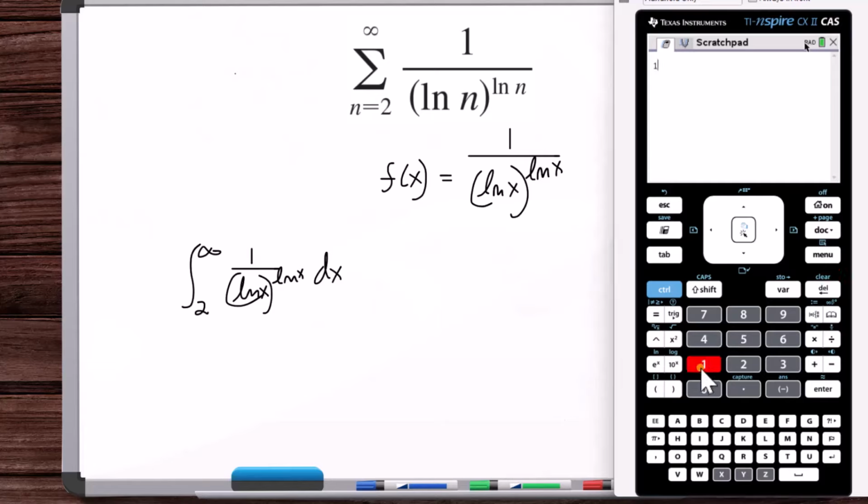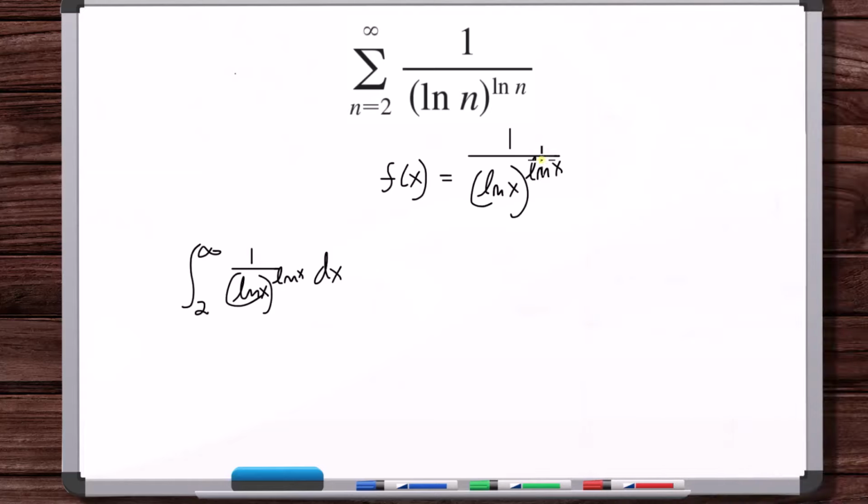Let's use our calculator here. That is convergent. This is convergent, so this is convergent.